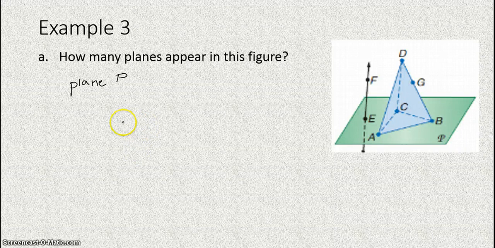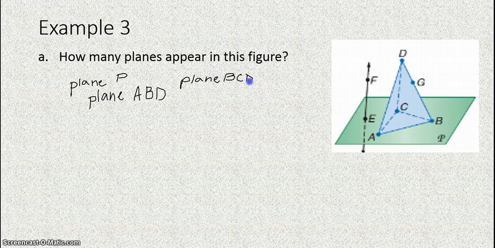So if you want to think of that like front side is plane ABD. That back right triangle, so this one back over there, would be plane BCD. And then the back left one, which would be this plane right there, would be plane ACD.